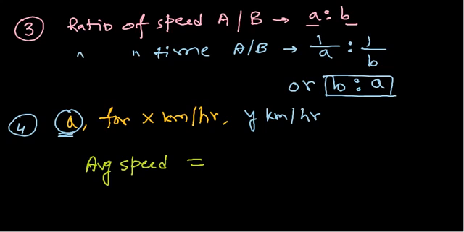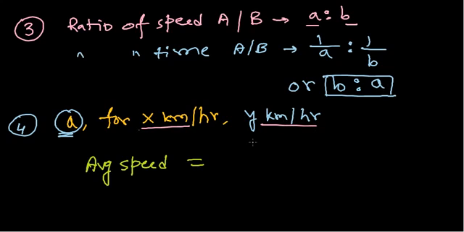It's kind of logical, because we never walk at a constant average speed. We sometimes walk fast, we sometimes walk slow, but here the same distance is traveled once at x kilometer per hour, another time at y kilometer per hour.